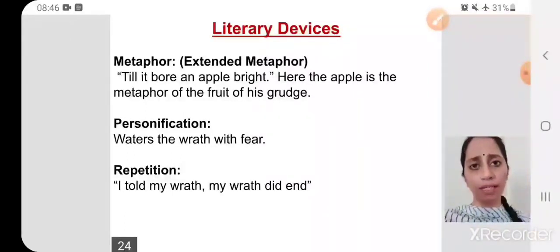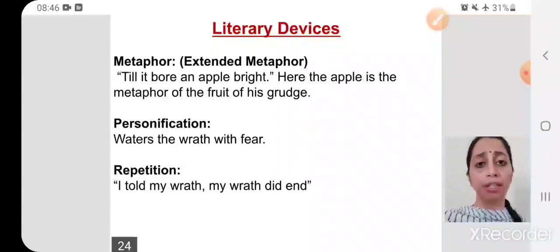We water plants, we water trees and they grow. So can your wrath grow because of watering? No, it's not possible. Okay, and he says that his wrath grew because he watered it with fear. Okay. So wrath is an inanimate thing. And he says that it grew because it was watered with fear. Clear, students?